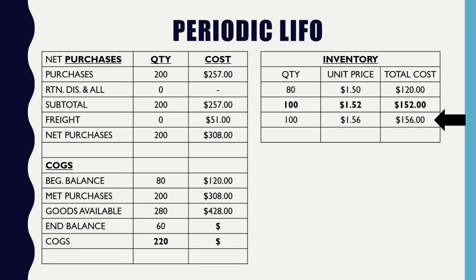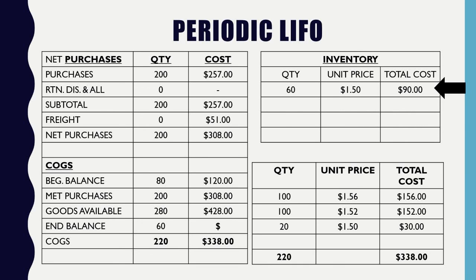So here we can already see that we need to dip into the last item, which costs us $156, and then we have to dip into the $152 item, and we have to also calculate an additional 20 items at $150. So going from the bottom, we're going to start here, and we're going to calculate a total of all this. So again, for 220, we recognize that this is going to happen, okay?